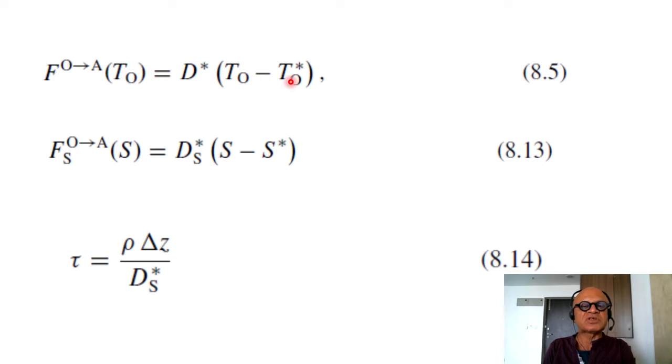So if you have a prescribed temperature T star ocean that you are driving T ocean towards, you can think of it as an equilibrium solution. Depending on the process and the time scale, this can be anything, but typically what you do is you try to run the ocean model to equilibrium so that you can then do perturbation experiments on top.